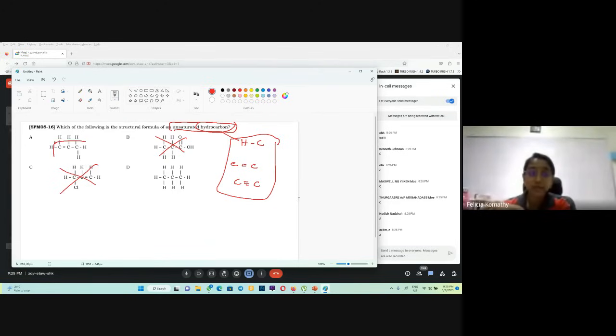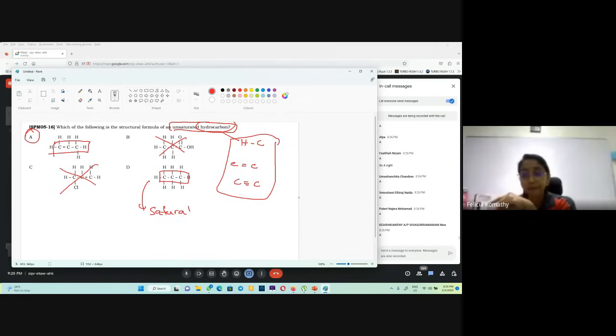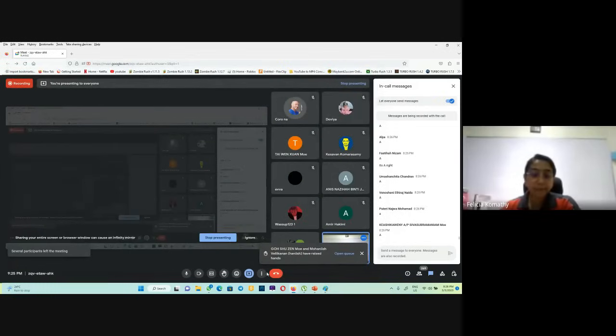You see how the carbons are linked. If it's unsaturated, must have at least one double bond, right? So the answer will be A. If it's D, that is saturated. So this is the method you have to follow. Break down, analyze carefully and identify the answer.